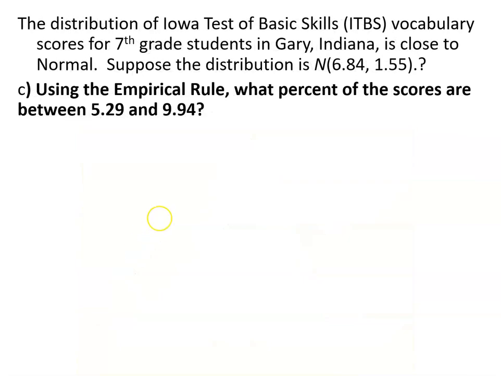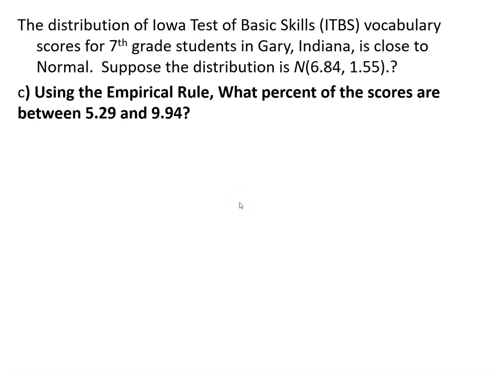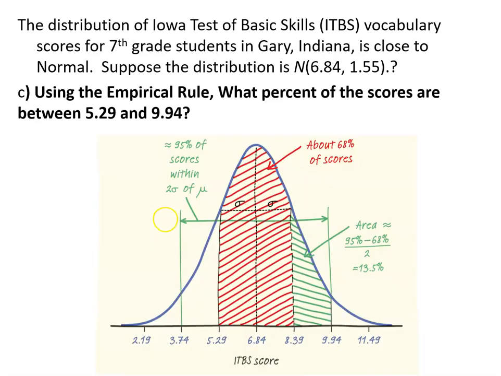Let's look at another example of the empirical rule. Using the empirical rule, what percent of the scores are between 5.29 and 9.94? All right, here is our sketch again. You want to sketch it out. We know that 68% of the scores are within 1 standard deviation, and that 95% of the scores are within 2.